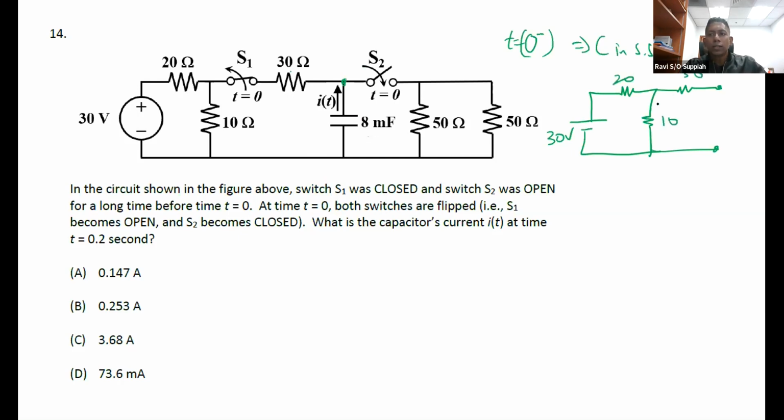Nothing is going to go in through the 30 ohm because this part here is now considered open circuit, because the capacitor is open circuit in steady state. So the only path for the current to flow is through here. The voltage seen by the capacitor is basically 10 by 30 times 30, which is 10 volts. All right, so this is the voltage across the capacitor at t equals 0 minus.